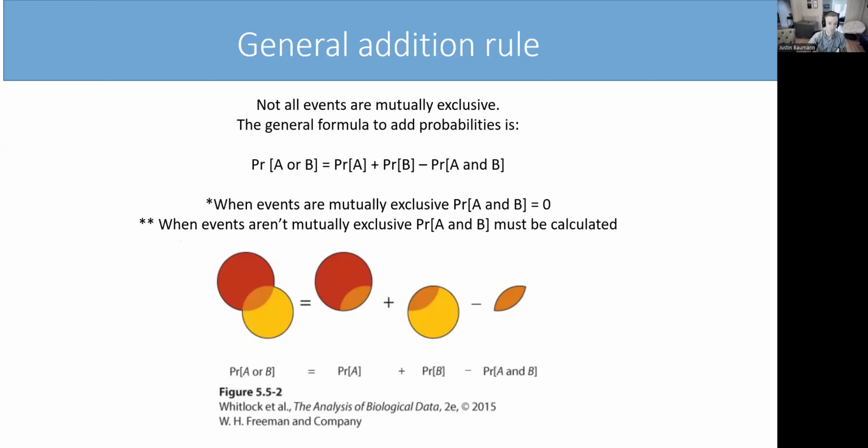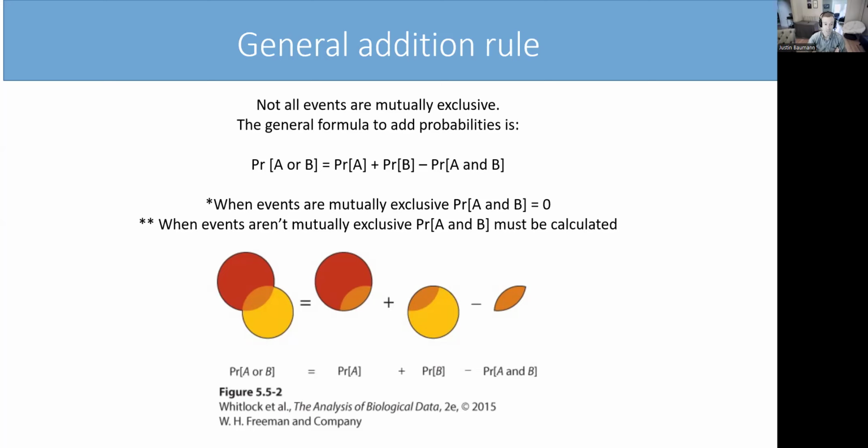Okay, so you've already learned the general addition rule, but let's talk about it. Not all events are mutually exclusive. The general formula for adding probabilities when we don't have mutual exclusivity is as follows. The probability of A or B is the probability of A plus the probability of B minus the probability of both at the same time. So what we just learned is that if you see "or," it means add.